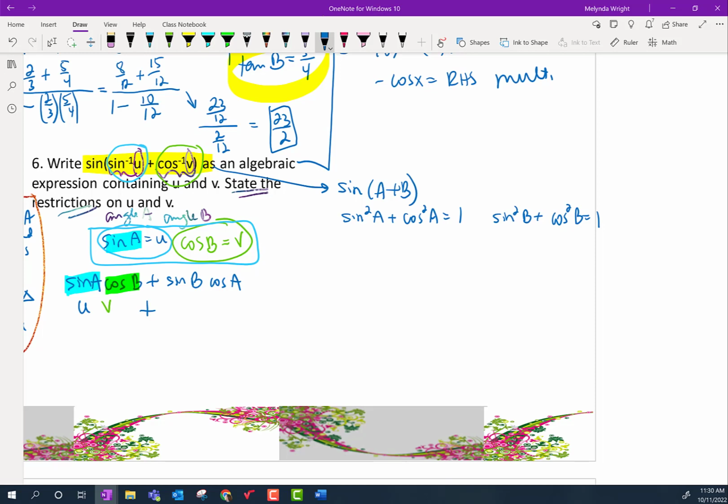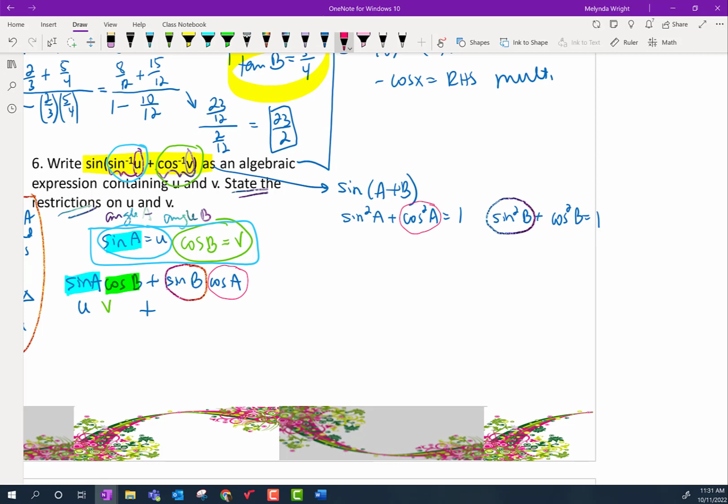So, what do I need? I need sine of B, and I'm going to get sine of B from here. I need cosine of A, and I'm going to get cosine of A from here.